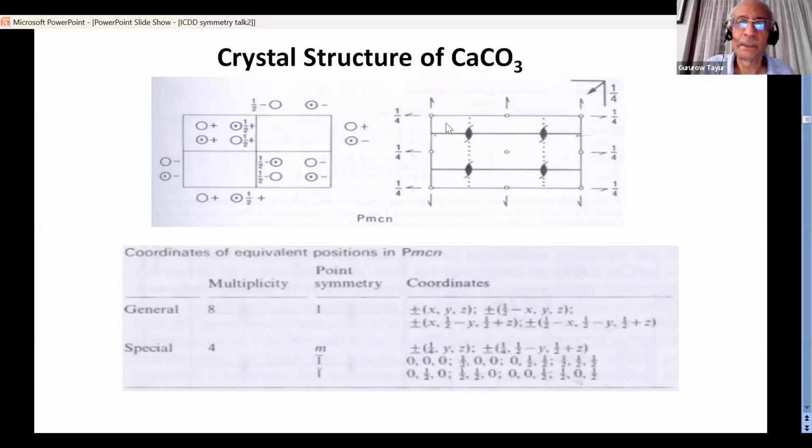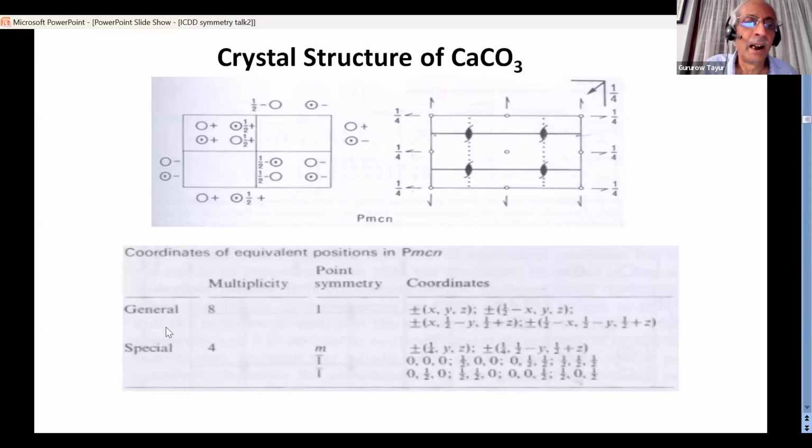So there are possibilities of locating an object which has a mirror symmetry. Then the mirror symmetry associated with the object will coincide with this mirror, and the object can sit here along the mirror. In such a situation, the number of equivalent points reduces from 8 to 4, and these therefore become special positions. I think now this discussion on special position is very clear.